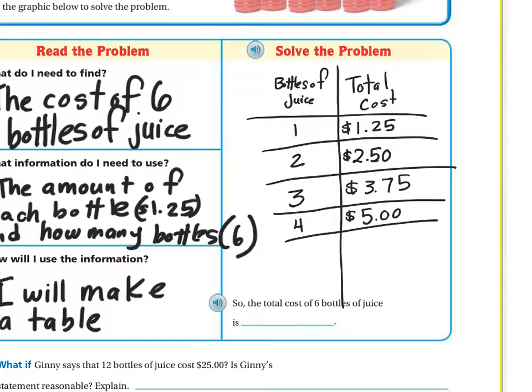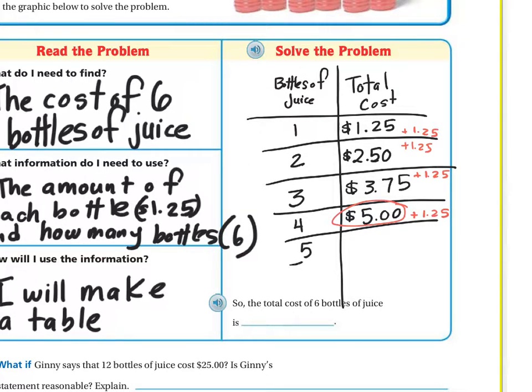I'm adding $1.25 every time. So we're thinking, okay, $1.25 plus $1.25 plus $1.25. Now to this $5, we're going to add $1.25.